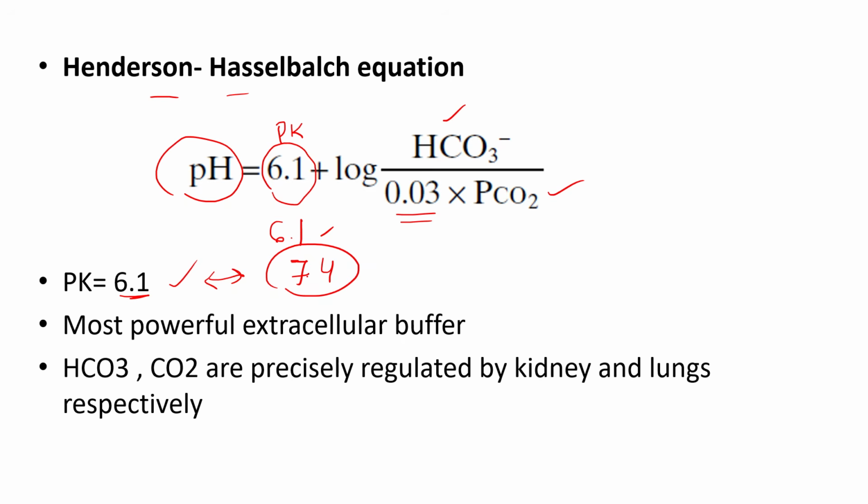Even though it is away from that, it is a powerful extracellular buffer because bicarbonate and carbon dioxide are precisely regulated. Bicarbonate is regulated by kidney and carbon dioxide is handled by lungs, and bicarbonate is also in large quantities in extracellular fluid. That's why it's a powerful extracellular buffer even though its pK value is 6.1.